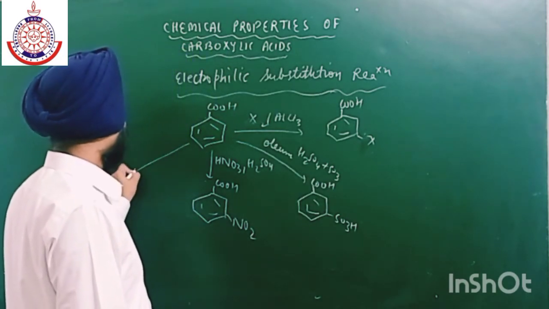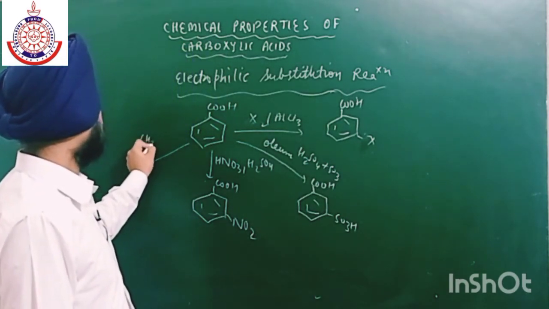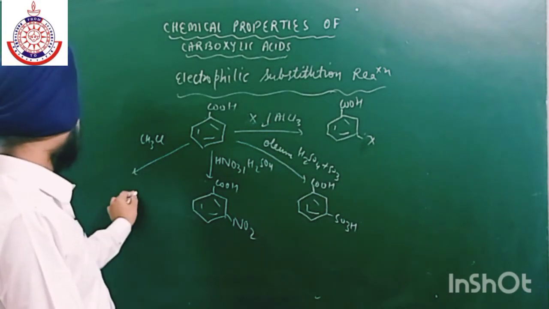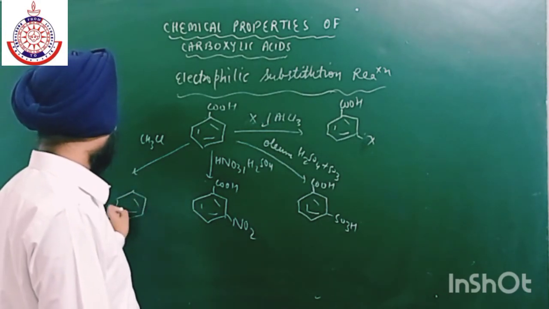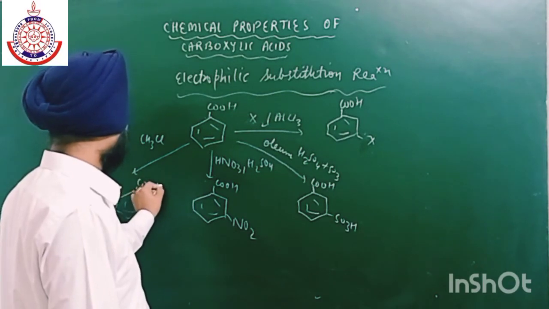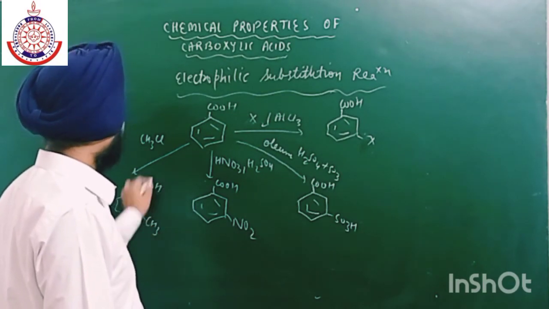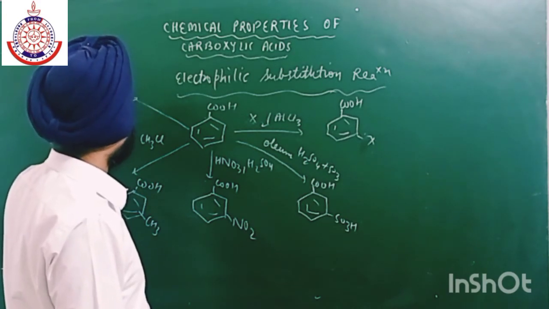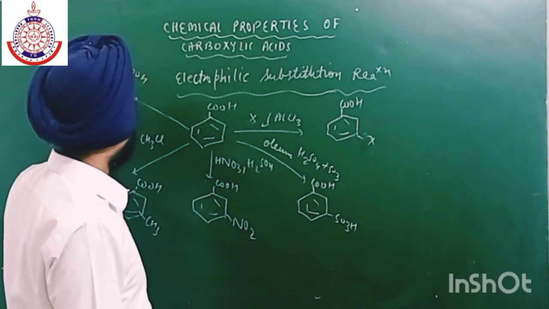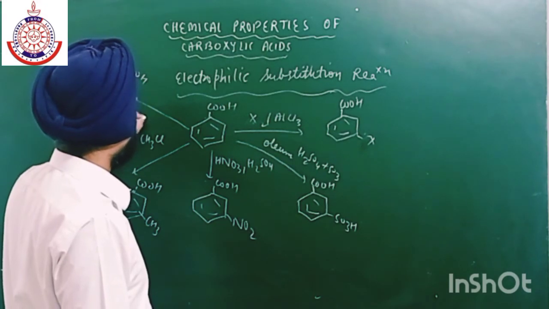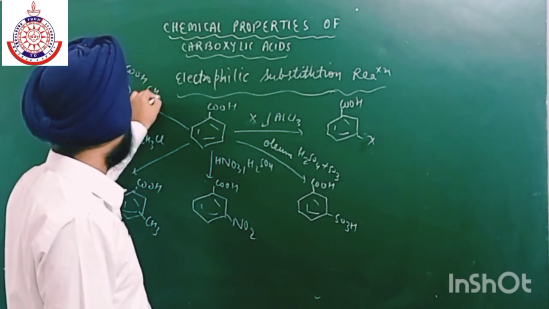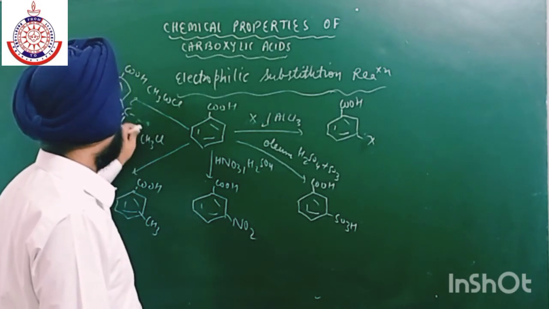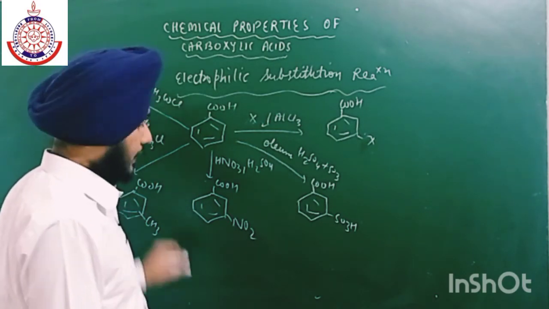Similarly when we react with CH3Cl, we are doing Friedel-Crafts alkylation, then this CH3 group will also attach to the meta position. Similarly in Friedel-Crafts acylation, the C double bond O Cl group will attach on the meta position.